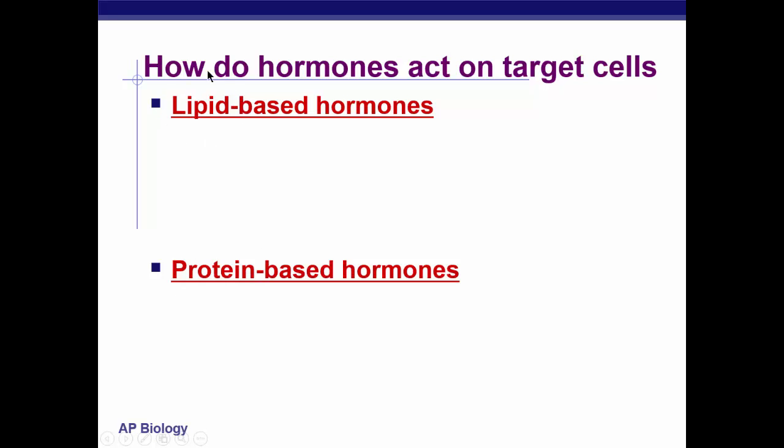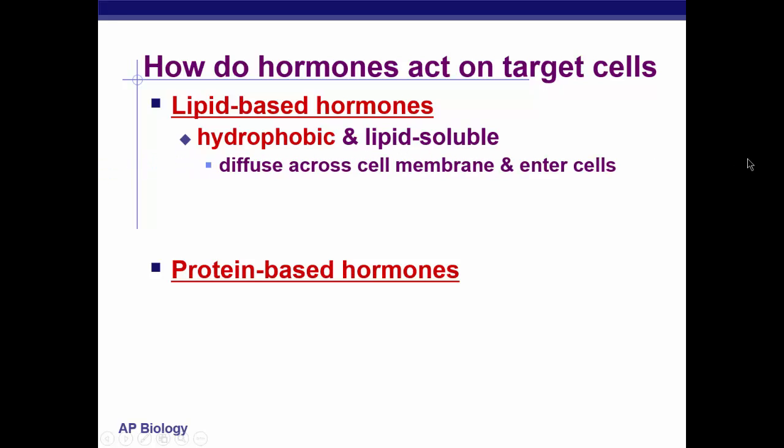Lipids, and one word that you can use to describe a lipid that you probably remember from now, is that they are hydrophobic. They do not get along with water. They are afraid of water. They could only dissolve in other fats. Okay? So that means the fat of our cell membrane will allow this lipid-based hormone to go through, and then they will be able to enter your cell.